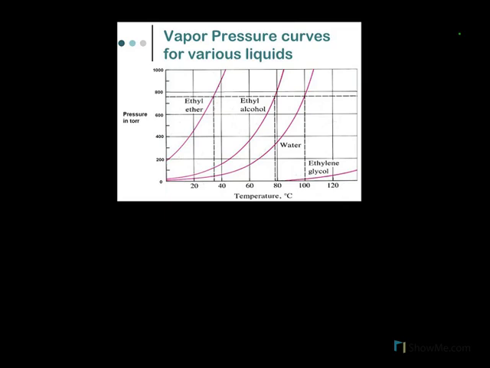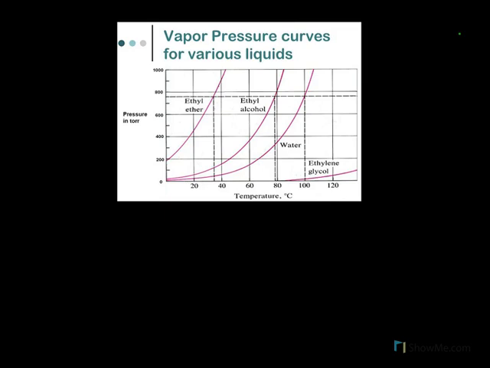Okay, so now let's look at the amount of vapor pressure released at the same temperature when dealing with different liquids. Everything is at the same temperature, but each of these liquids is releasing a different amount of vapor pressure. Why?